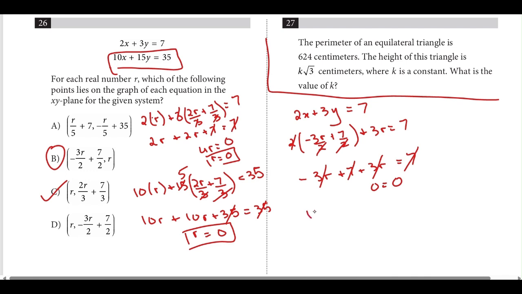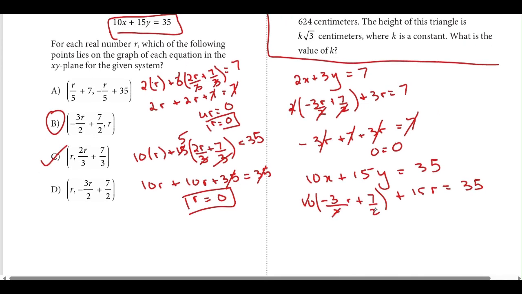So let's solve for 10x plus 15y to see if it gives us the same solution. Equals 35.